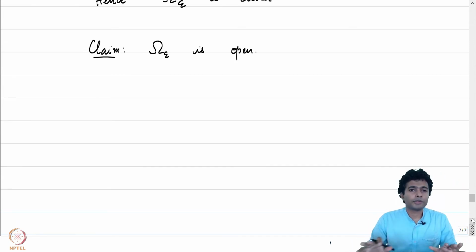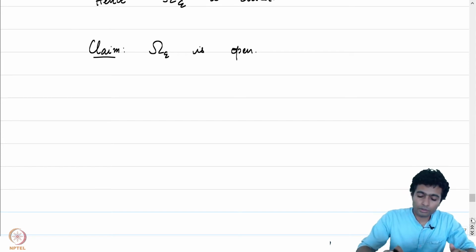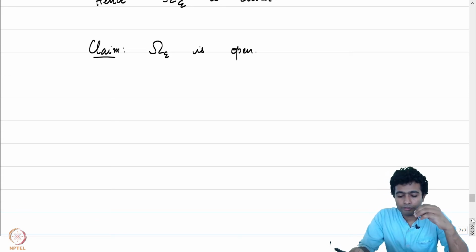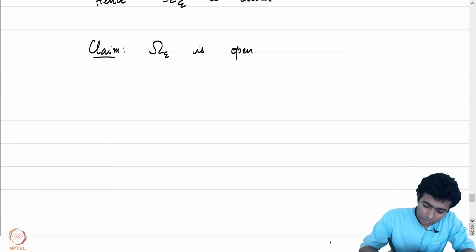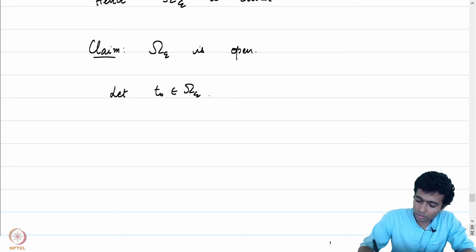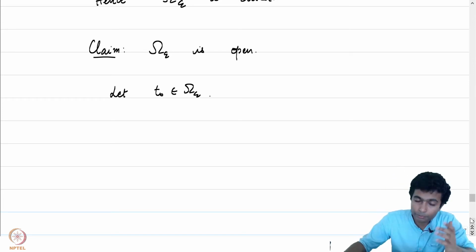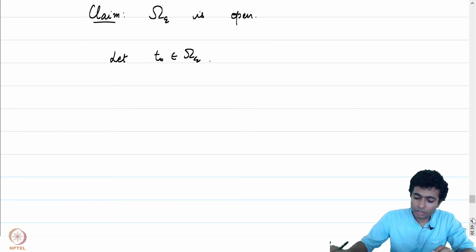So notice that we have still not used the fact that capital F is a holomorphic function. We will prove that if T naught is a point in omega epsilon, then T naught is an interior point. And in order to do that, we will use the fact that capital F is complex differentiable at the point gamma of T naught. So let T naught be any point in omega epsilon, and that would prove that omega epsilon is open.